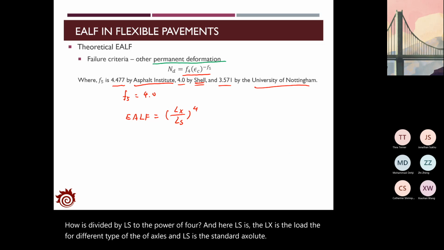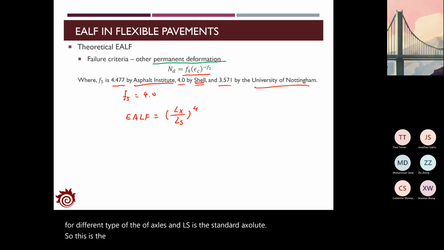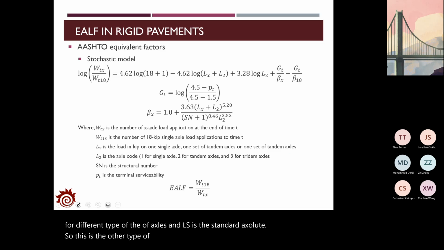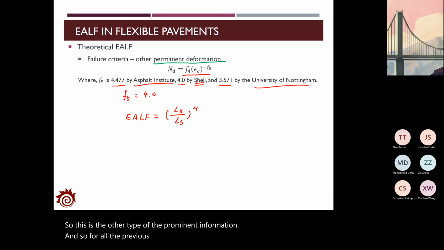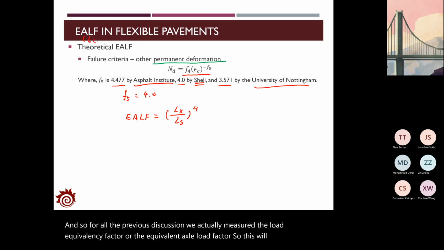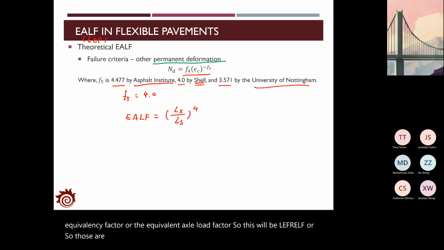So this is the other type of permanent deformation. And for all the previous discussion, we actually measured the load equivalency factor or the equivalent axle load factor. So LEF and EALF will be the same. So those are all about the flexible pavements.